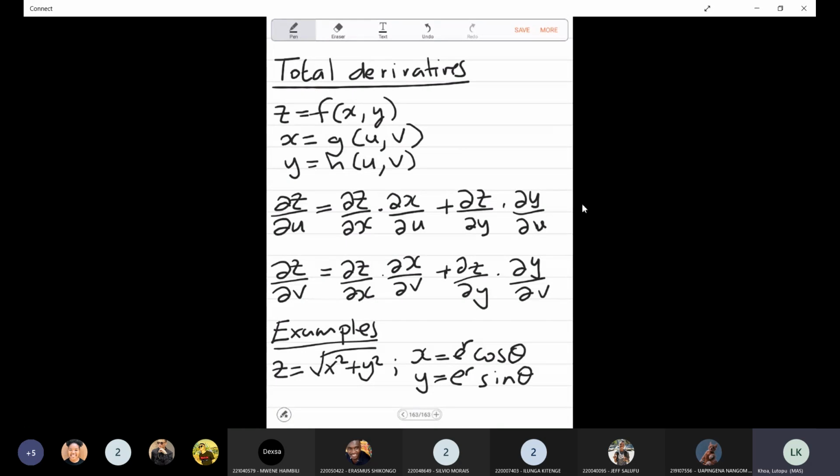Now we want to find the partial derivative of z with respect to r, as well as the partial derivative of z with respect to theta. So we just use the formula as it is given.